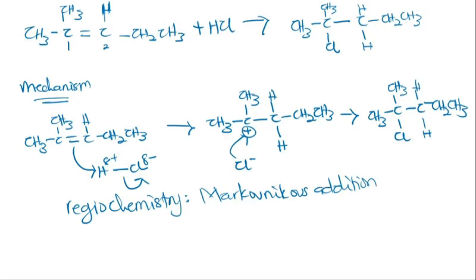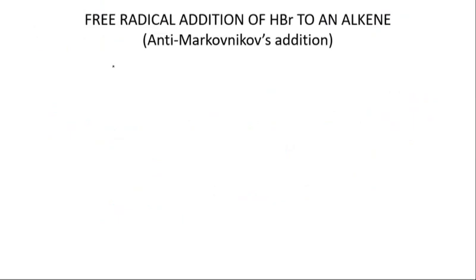And in terms of stereochemistry, it doesn't show any stereochemistry. That is, you can add the bromine or the hydrogen to either side of it, either both syn or anti, it is still the same. So the free radical addition of hydrogen bromide to an alkene is one of the reactions of alkenes.